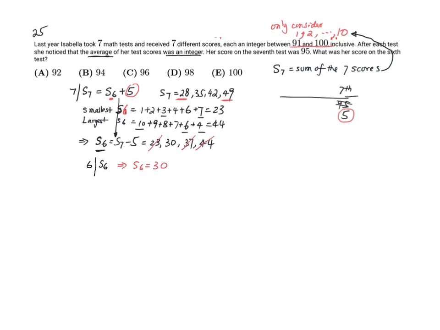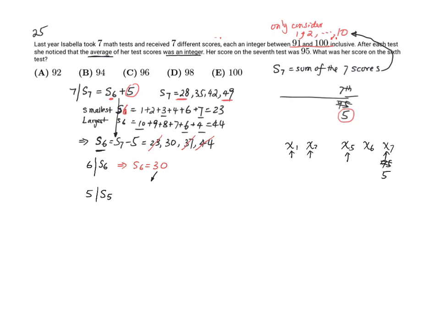Okay, now let's consider S5. 5 must divide S5. And what is S5? Allow me to introduce another notation here. I'm going to denote X1 as the first exam score, X2 as the second exam score, so X5 is the fifth exam score, X6, X7, and so on and so forth. We do know X7 is 95, and we only consider the single digit, 5. So now what is the possible S5?